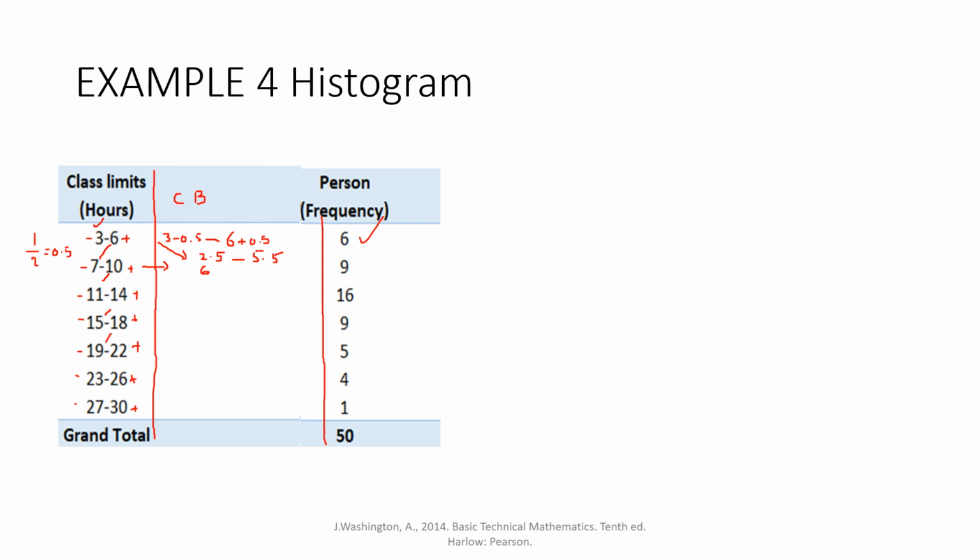Oh, this is wrong, this will be 6.5, so this is 6.5 and plus 0.5, 10.5 will come. Now for this one, 11 minus 0.5 will be 10.5, and then plus on the other side, so 14.5.